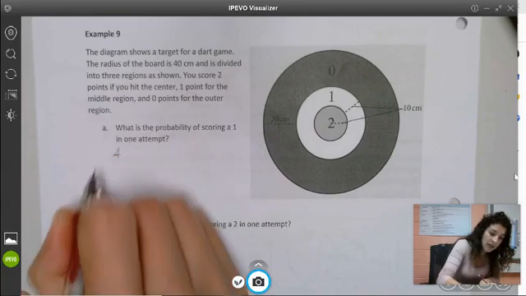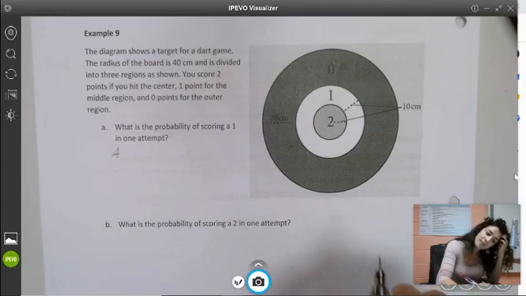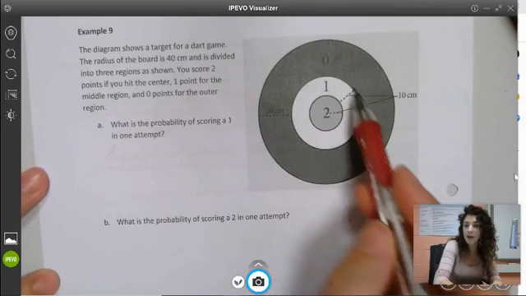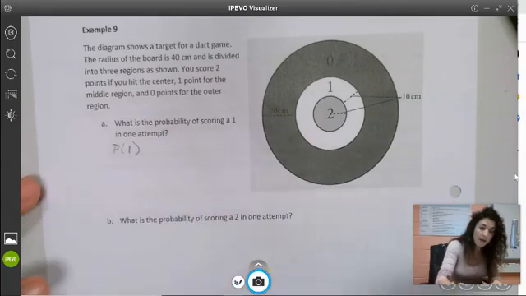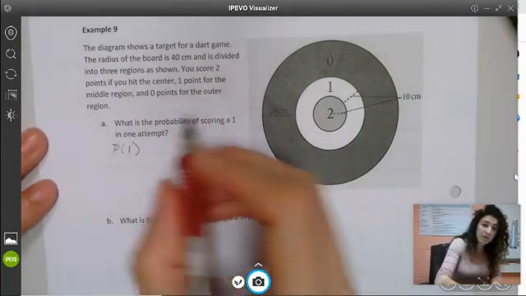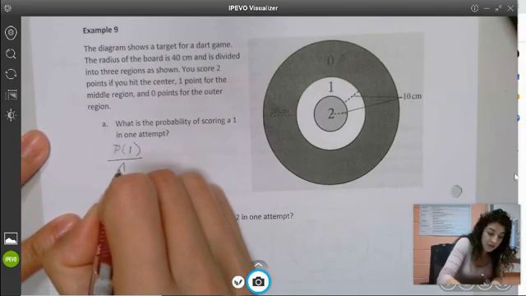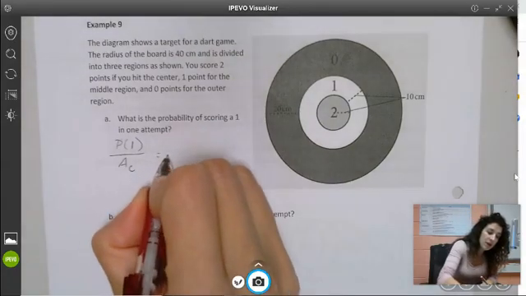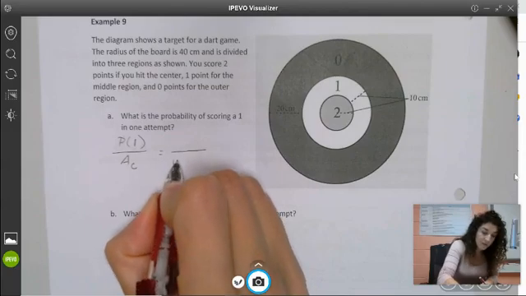So if I want to find the probability of scoring 1 point, it's the probability of 1, being the area of 1, divided by the area of the circle, right? The whole circle represents the total, versus the probability of 1, which is that donut area. The area of the whole circle is pi r squared.